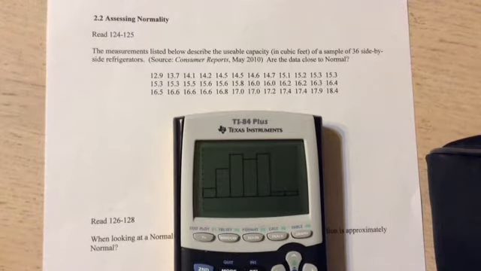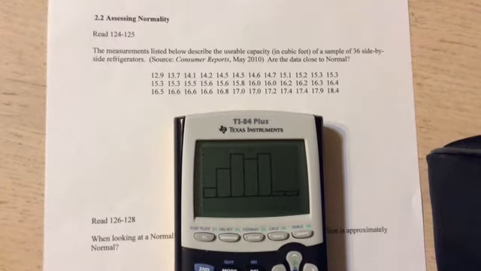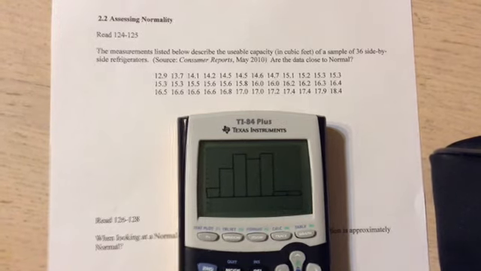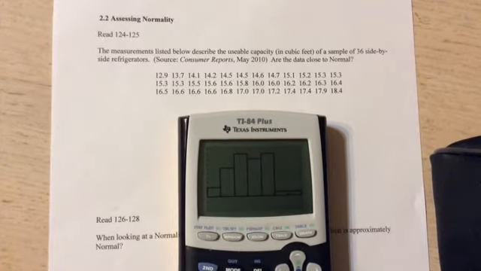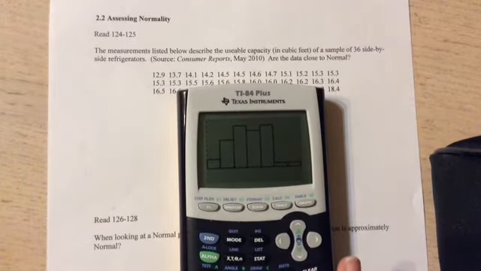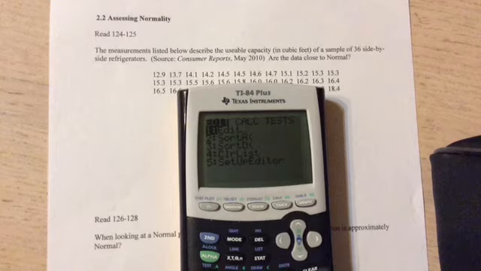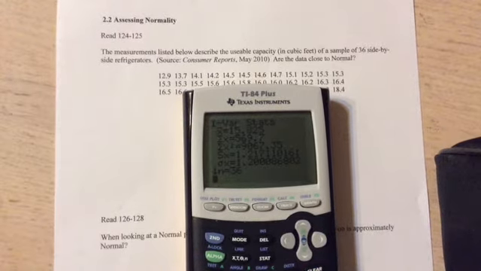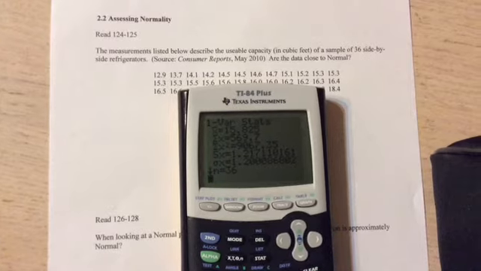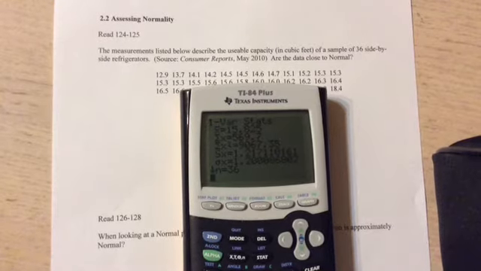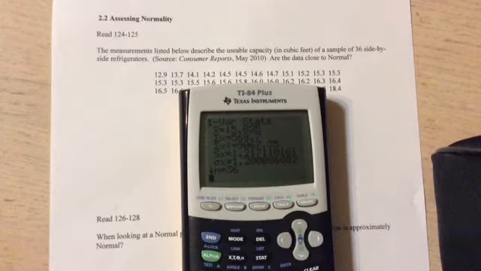So in order to find out if this data fits the rule, we have to know the mean and the standard deviation. Well, that's easy because we already have the data in the calculator. And the calculator will tell us the mean and standard deviation by hitting Stat, over to Calculate, and one variable data. You can see that the mean is approximately 16, and the standard deviation is approximately 1.2.